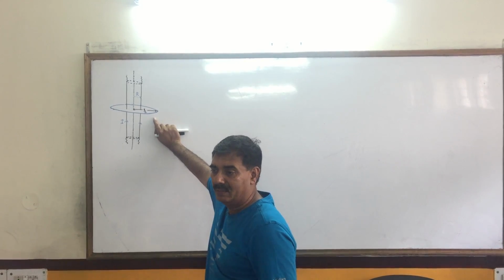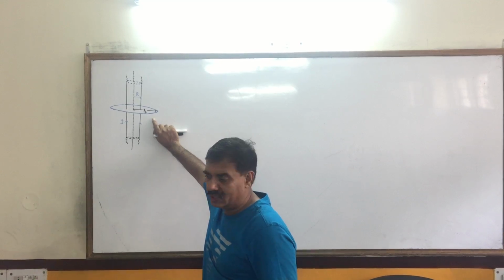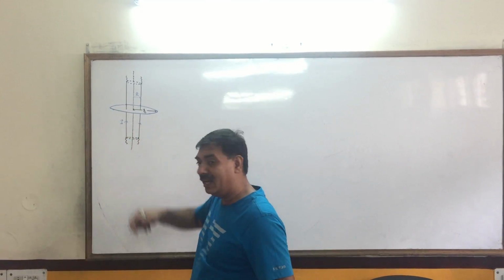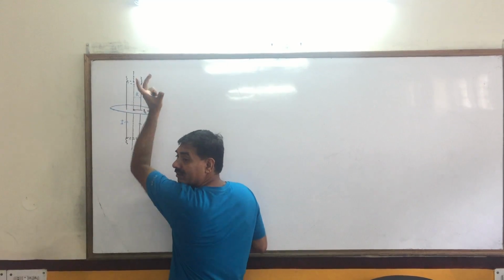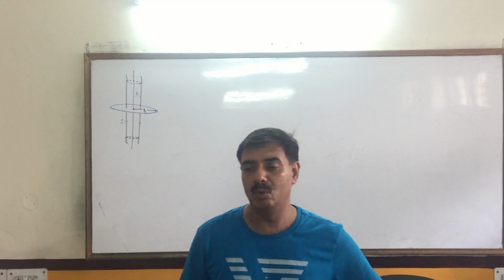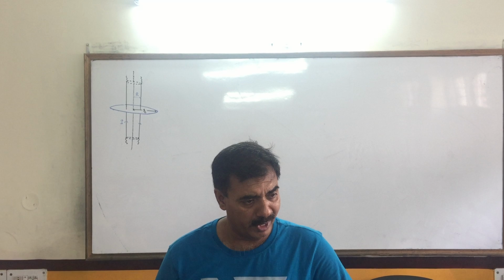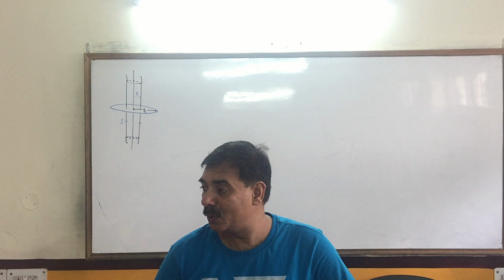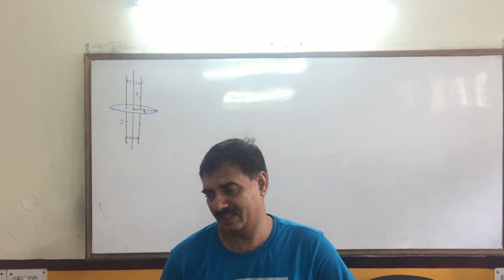It will be B into 2 pi r. Then we use ACL. It will be mu naught I. The current I is only one, going through the wire. These are not two wires; this is a single wire. So B is equal to mu naught I by 2 pi r. It means that to determine the magnetic field for a point outside the wire, the entire cylindrical wire can be assumed to be a thin wire at its axis.